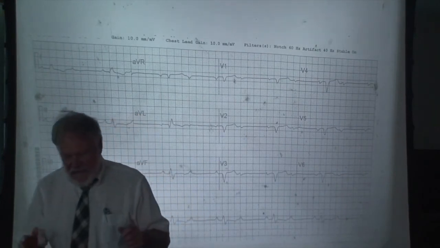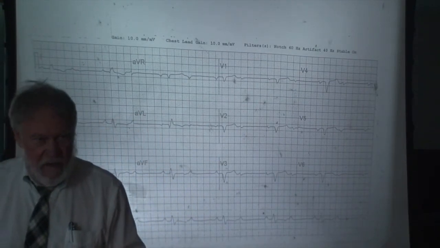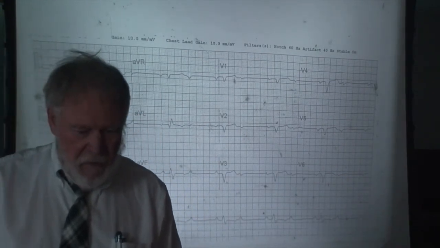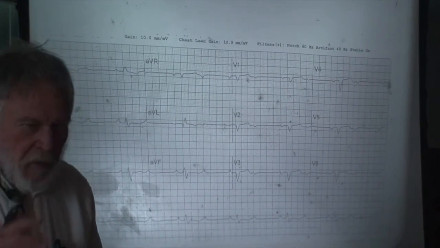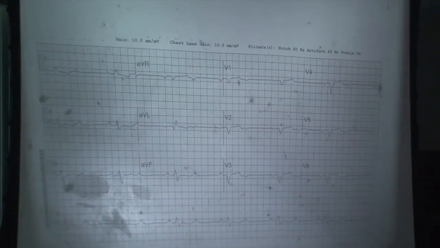But that's the key to whether it's third degree block or second degree block. Second degree block has at least some of the P waves conducted. So you have to believe that to call it second degree block.